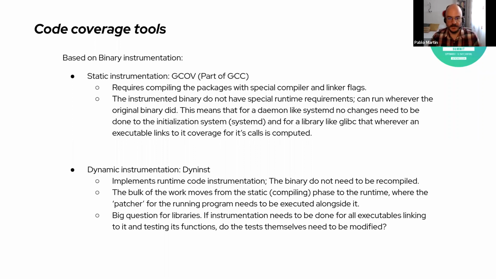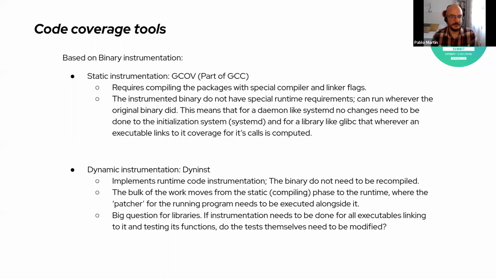Imagine that we have a daemon, a good example is systemd. Having to run something in parallel to systemd will complicate things. This is especially important when we talk of dynamic instrumentation. For dynamic instrumentation, the most used program is Dyninst, aptly named. It implements runtime code instrumentation, so the binary doesn't need to be recompiled.